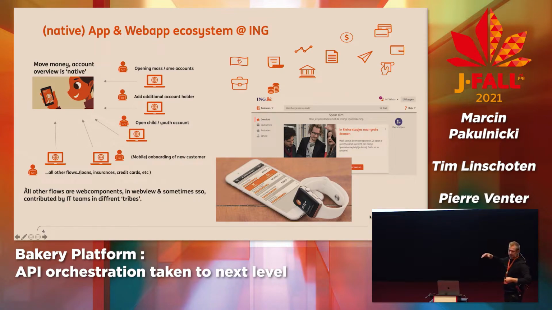We work according to a distributed model where, for example, our tribe creates adding an additional account holder or opening a child account, while maybe some other tribe creates a digital flow for loans, insurances, or mortgages, or credit cards. Interesting to know, of course, the flows that are contributed are web component based, so they're opened as a web component in the mobile app.